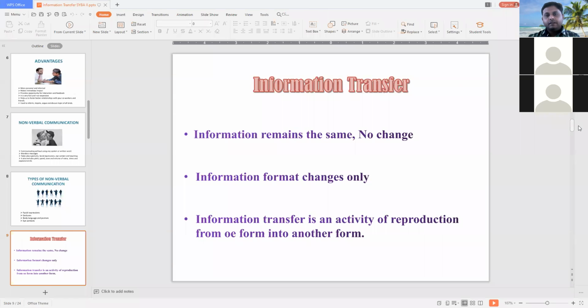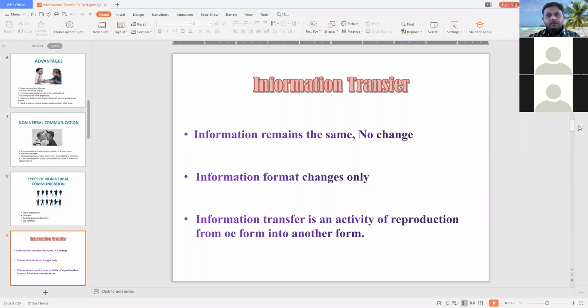Let's move towards our main focus, that is information transfer. Information transfer means transfer of information from one form to another form, right? But in this transfer process, the information remains the same. There is no change in the information. Only the format changes.